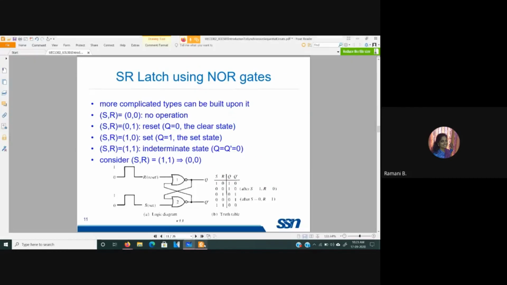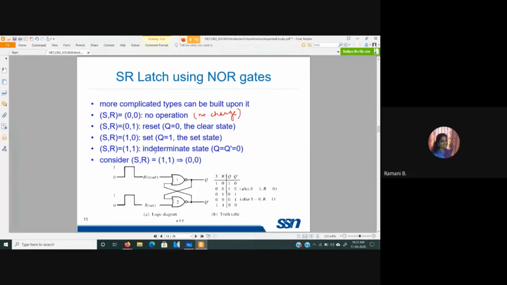So in a similar way, that is what is mentioned here. For S and R value equal to 0, 0, it is no operation, or you can say this is no change state. That is, it is not going to change any of the things. And S equal to 0 and R equal to 1 is reset. That is, Q is equal to 0.